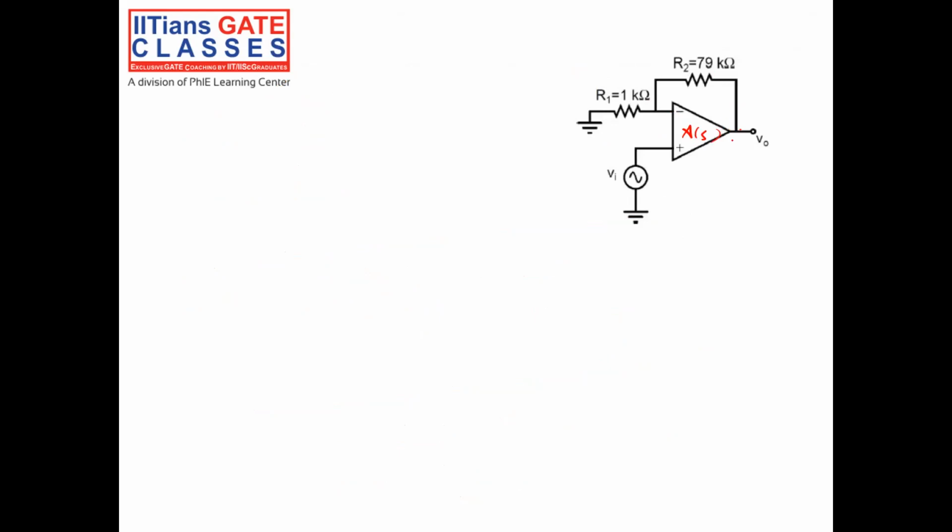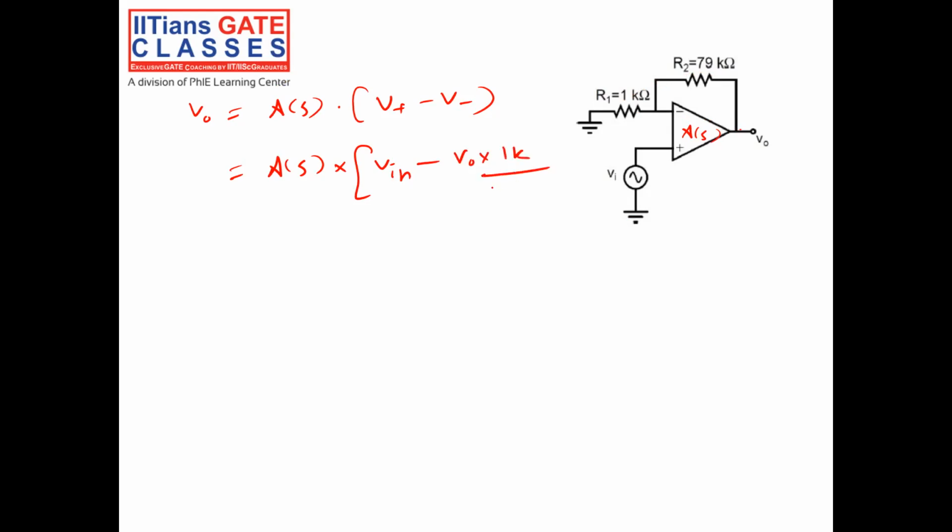In closed loop also, my V output is equal to A(s) into V positive minus V negative. V positive is nothing but V in, and V negative is nothing but V0 into 1K divided by 79K plus 1K.